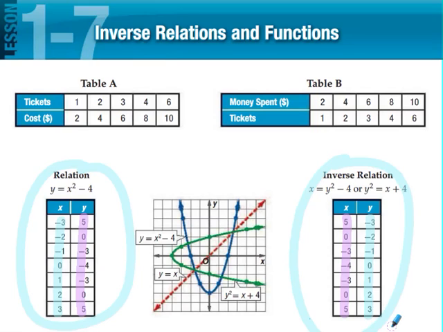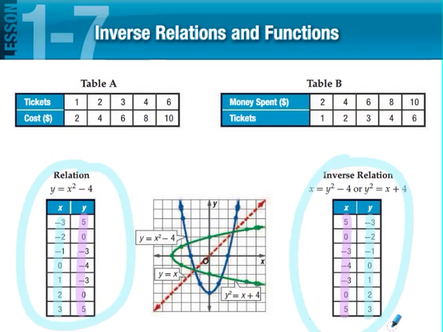Now let's look real quick at the graph. The graph of y equals x squared minus 4 is in blue. Notice that is a parabola that opens up. X equals y squared minus 4 is the green graph. They've got a red line drawn in there, y equals x. Do we remember what function that's called? The identity function.